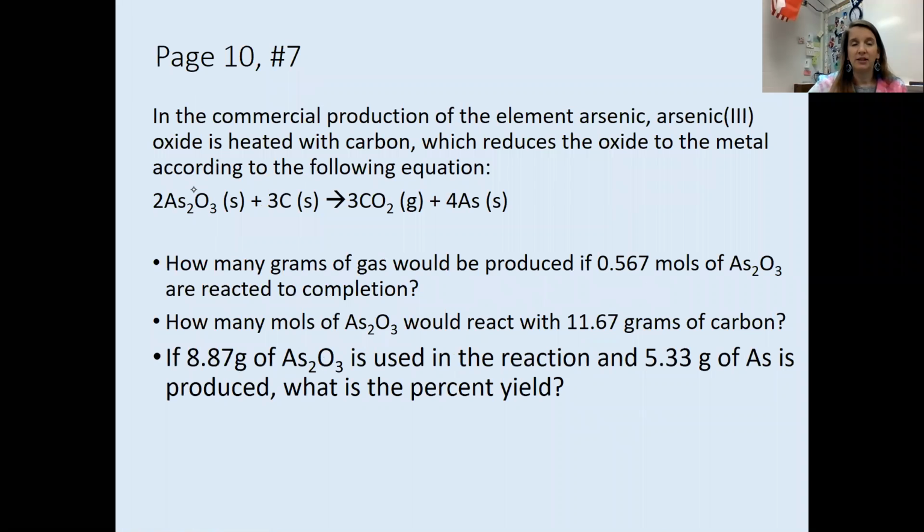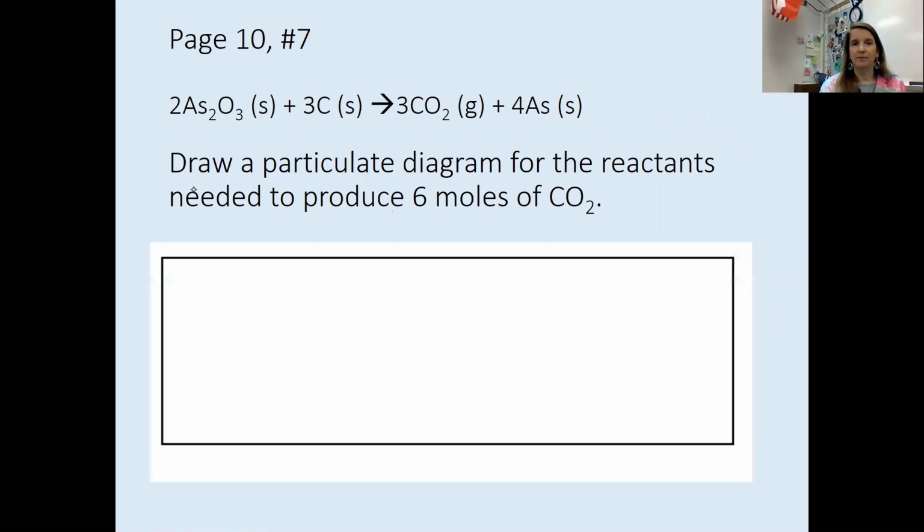All right, so I'm going to let you guys tackle this question, and I'm going to get to this particulate diagram. So it says, draw a particulate diagram for the reactants needed to produce 6 moles of CO2. So we need 6 moles of CO2. Usually it makes 3. So that means we have twice as much CO2 as the reaction would call for, which means we need twice as much of these things.